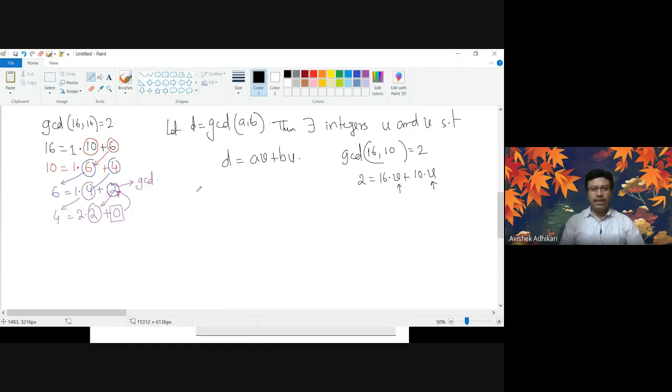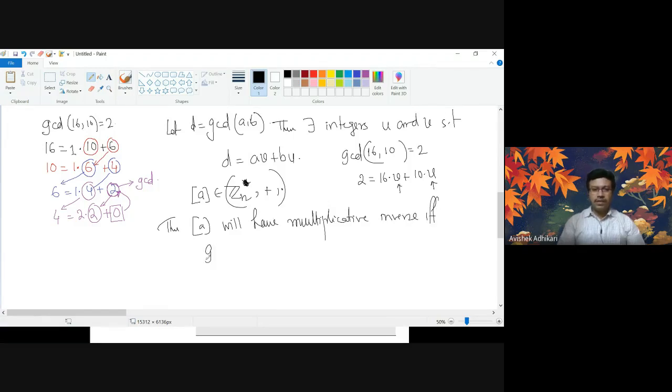So we know that if class A belongs to Zn, or suppose I consider Zn, only the Zn ring, Zn plus dot, then class A will have a multiplicative inverse if and only if GCD of A and n equal to 1.